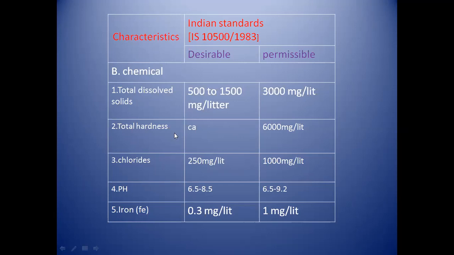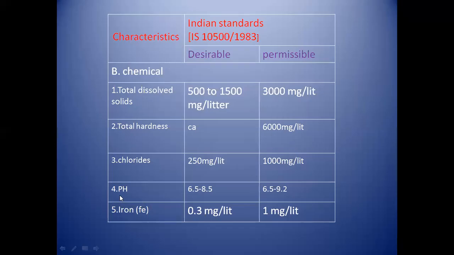Remember this correction for total hardness: the value is 200 desirable and 600 permissible. Then chlorides: the desirable value is 250 mg per liter and 1000 mg per liter is the permissible value.